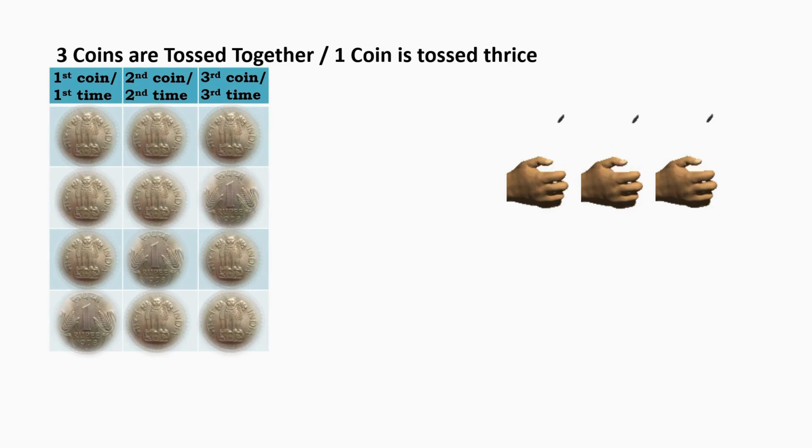So now tail will come in the middle position, and both the first and third coin will have head. And the fourth outcome can be that first is tail and the other two, second and third, will be head. So whatever we got so far is 4 outcomes. So let us check if there are any more outcomes possible or not.